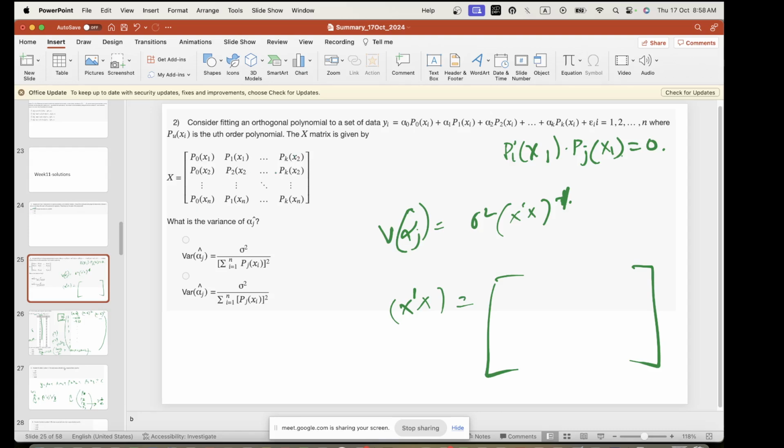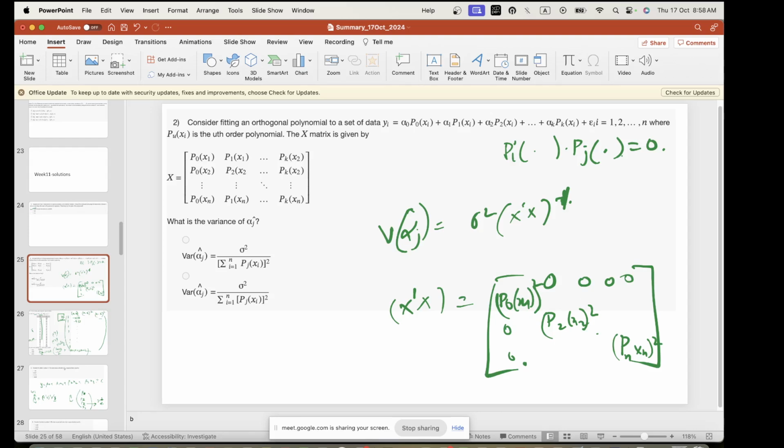Now since these are orthogonal polynomials, p_i cross p_j will always be equal to 0. So we'll end up with diagonal terms, everything else 0, and these will be p0 x1 square, p1 x2 square, and similarly pn xn square.